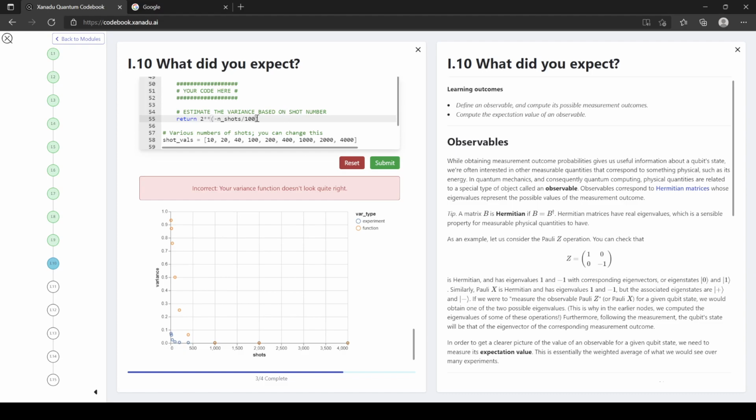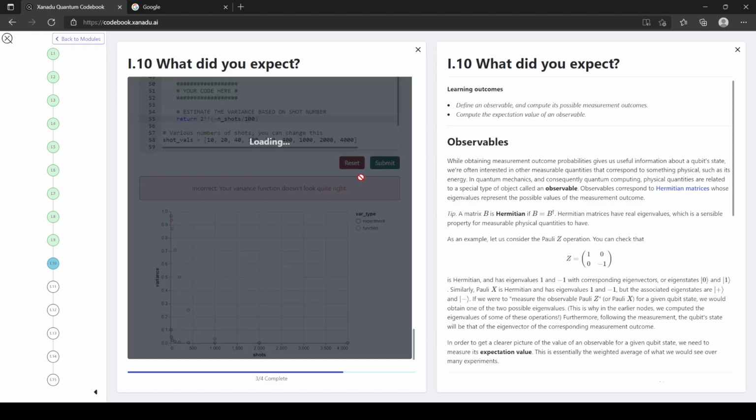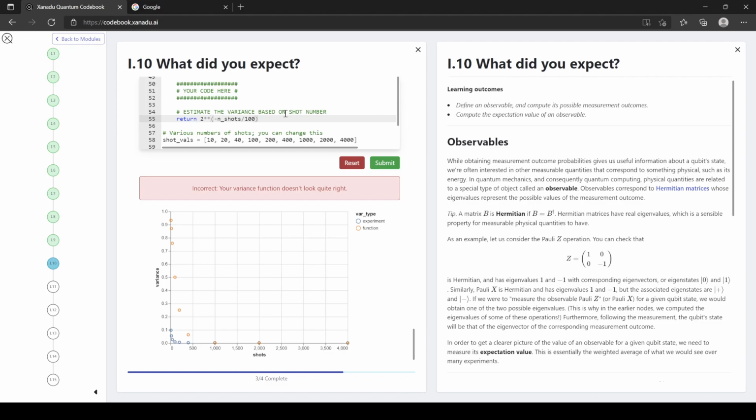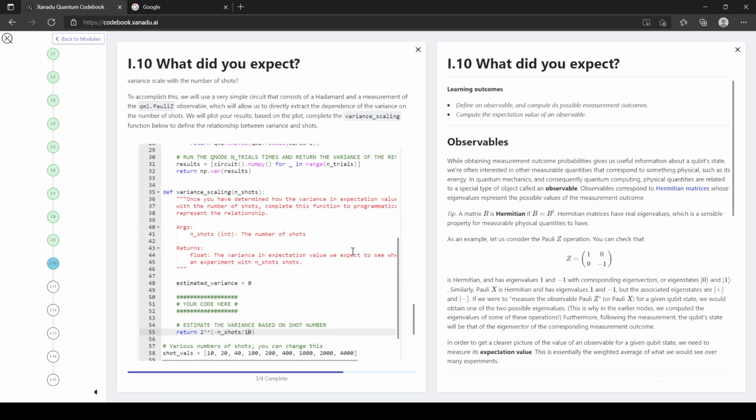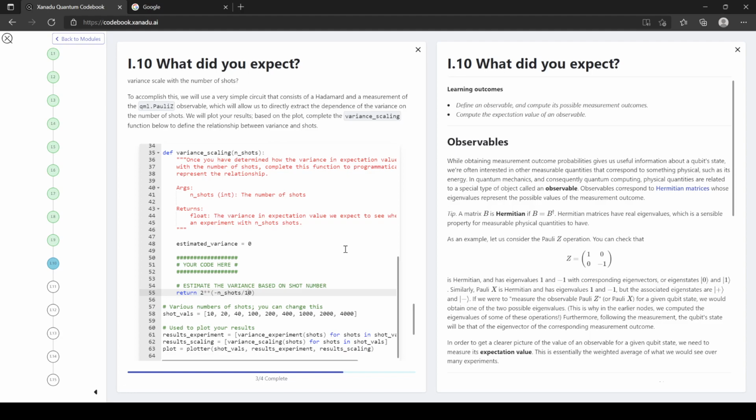Kind of guesstimating here. I don't know if this is the best way to do it, but this doesn't look like the scaling is right. I guess I should actually think about this rather than guessing and checking.